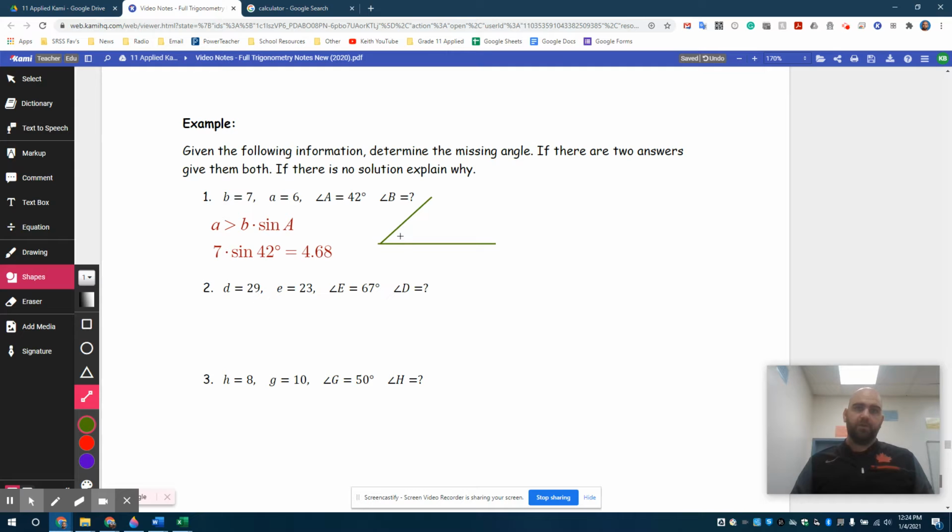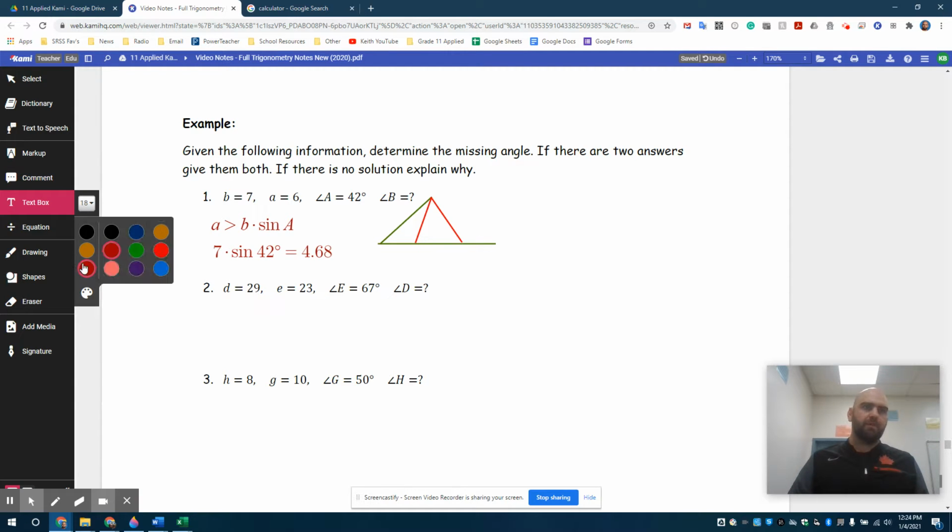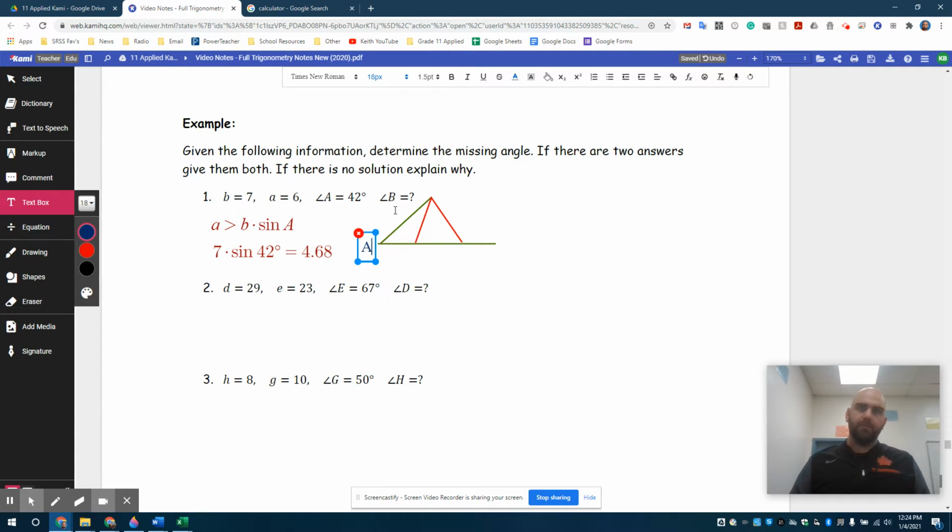Okay, so there's 42 degrees right there. And then we're going to have our two measurements. We're going to have this one here, and we're also going to have this one here. Now, when I put in the numbers that we have here, this is going to be A. This is going to be C.